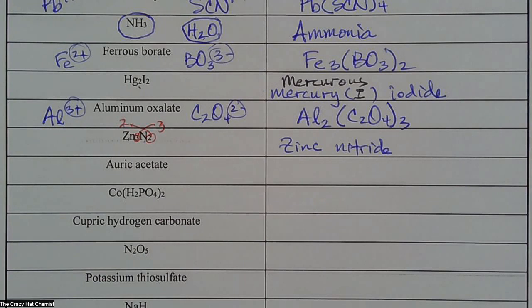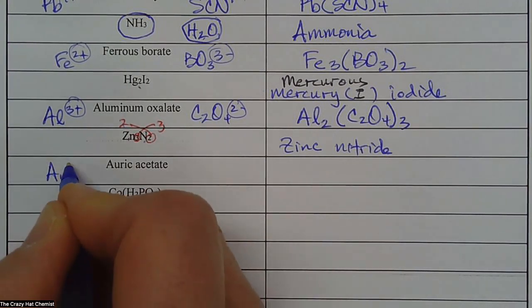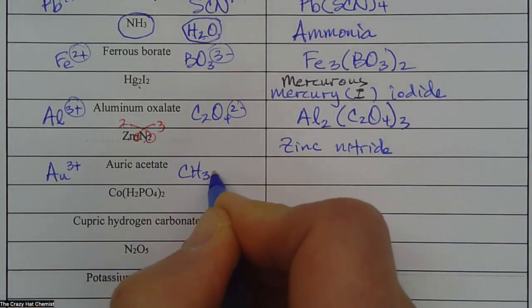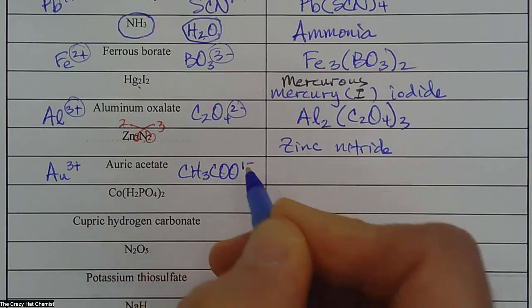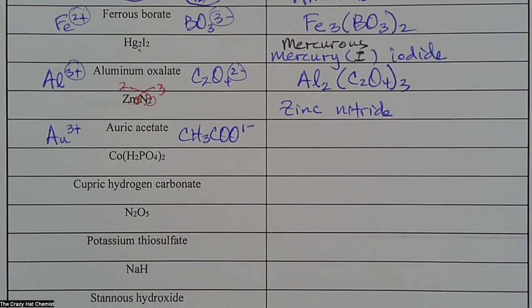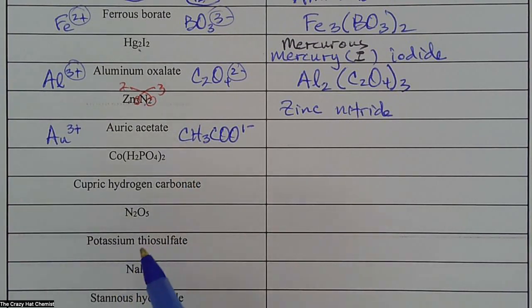Next one here is auric. That's Au, that's gold, 3 plus charge, and acetate, CH3COO minus 1. I'm only going to write the single formula. One of the formulas for acetate, there is another one, which is C2H3O2. That's the condensed one. And chemists generally don't like that one. That's not the one that they like.